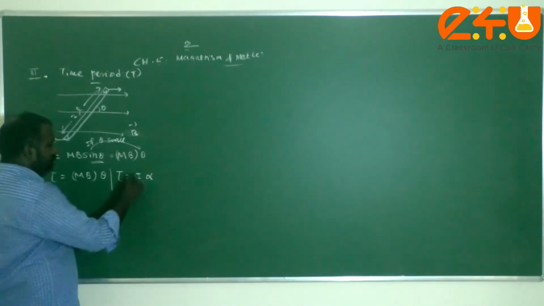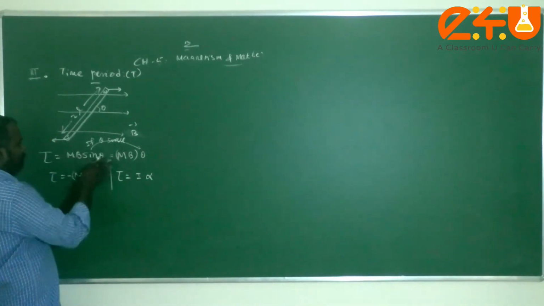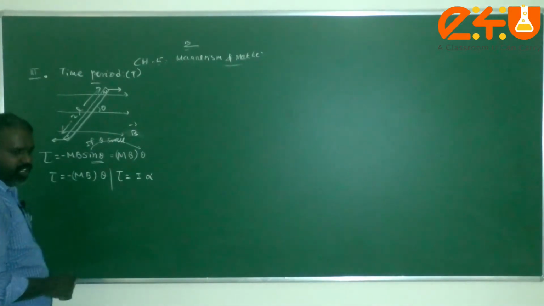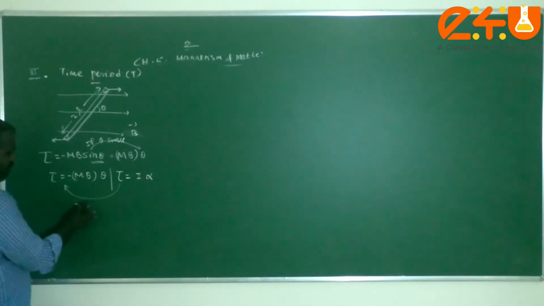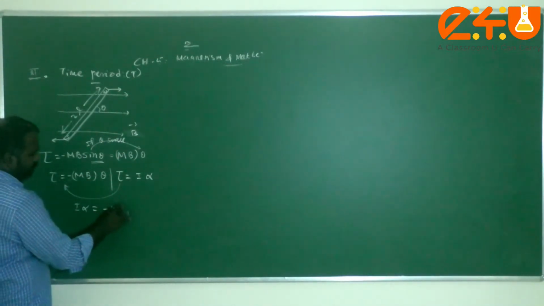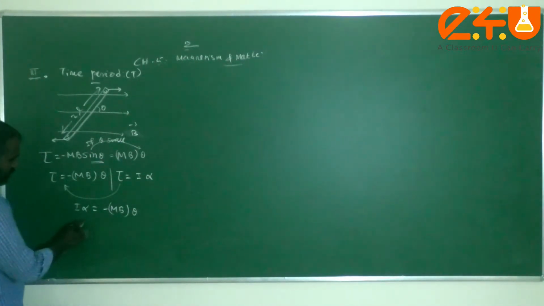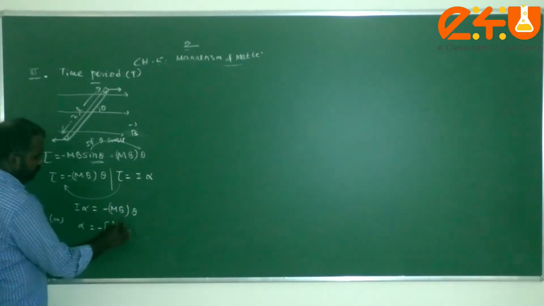I can use a negative sign here, because it plays the role of restoring torque. Comparing these two equations, I alpha is equal to minus MB theta, or alpha is equal to minus MB divided by I into theta.